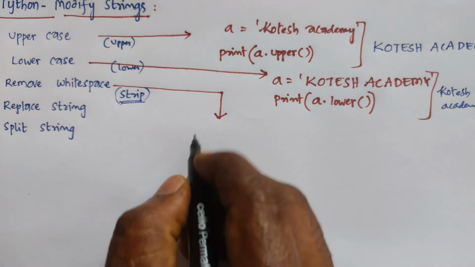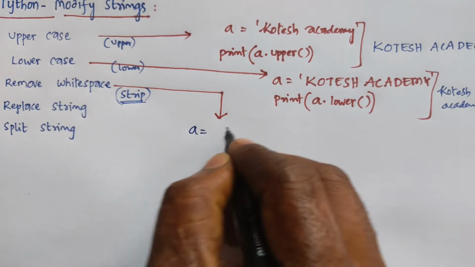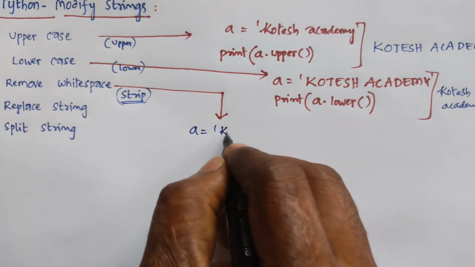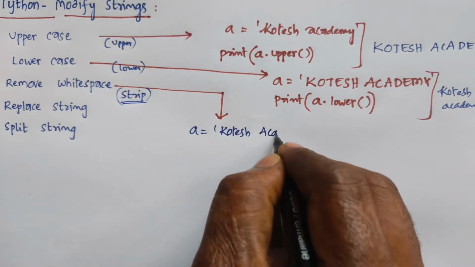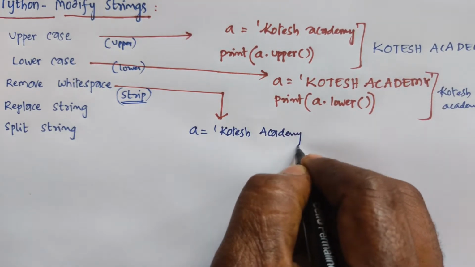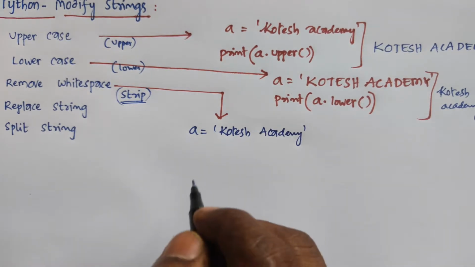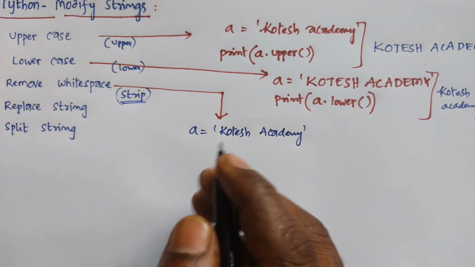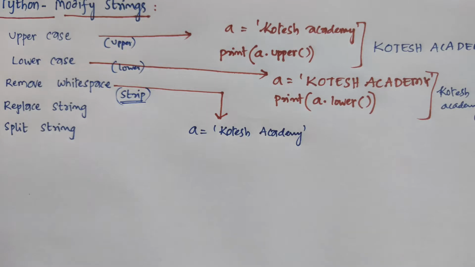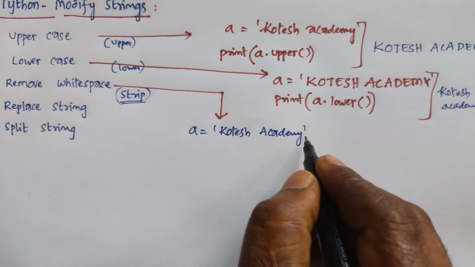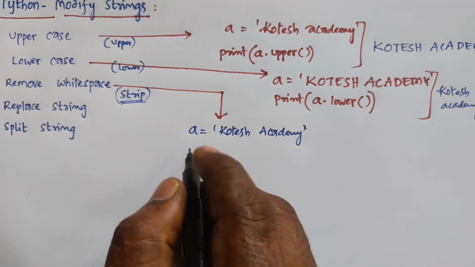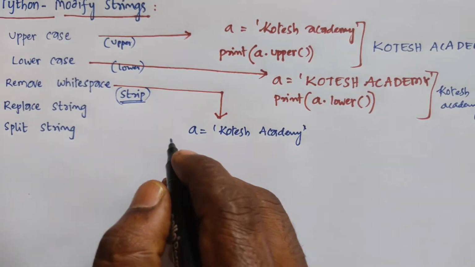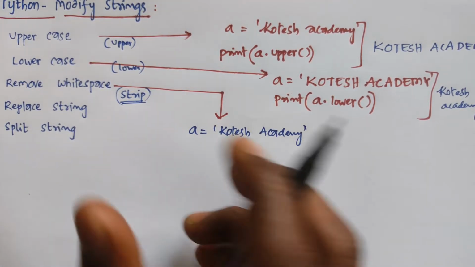For example, a is equal to, quotation, space, academy. We are having one white space. If you also put a space after y, you can remove all of that space.